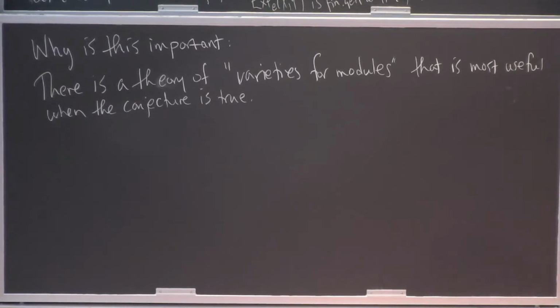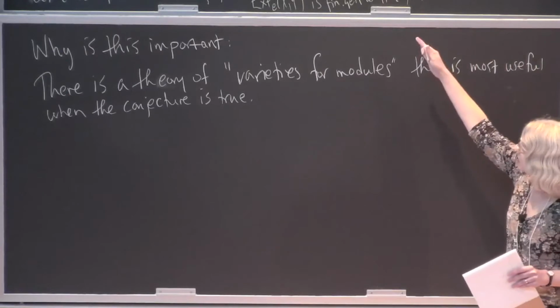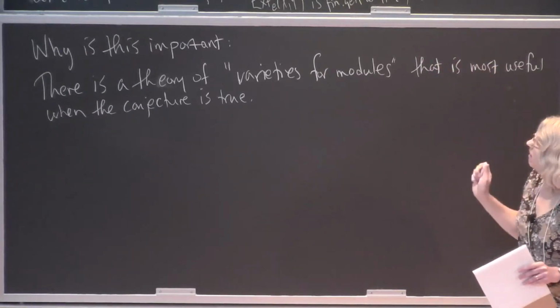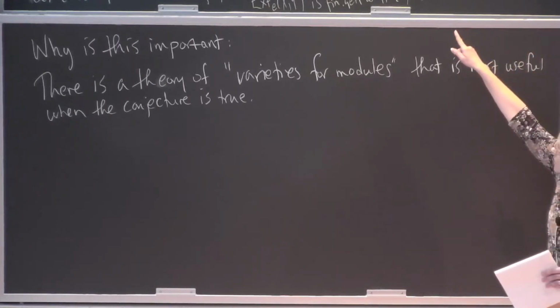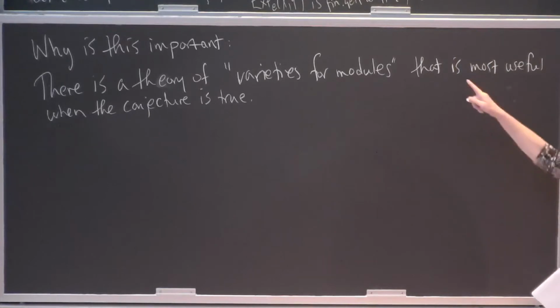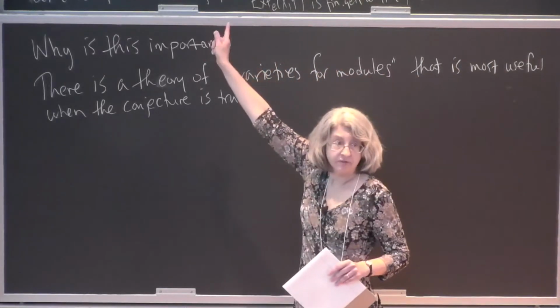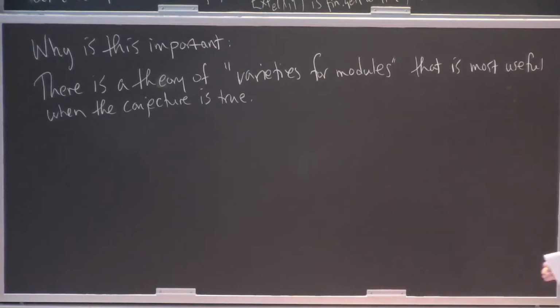And associated to any module or any object in these two settings, there will be some geometric space, some algebraic variety defined from this setting. You've got a graded commutative ring and a module over it, for different modules for your original Hopf algebra or objects in your original tensor category. That turns out to be useful because, remember, we're looking at a non-semisimple setting where your category or algebra might have wild representation type.